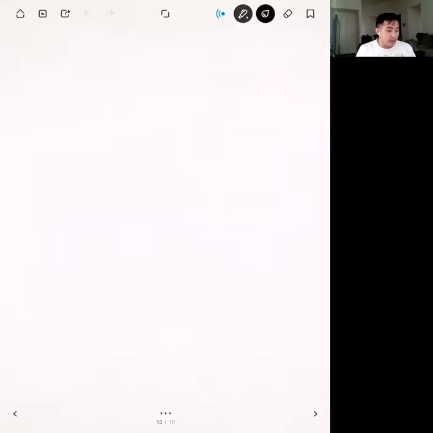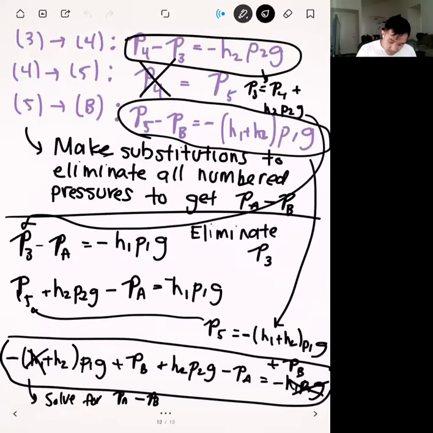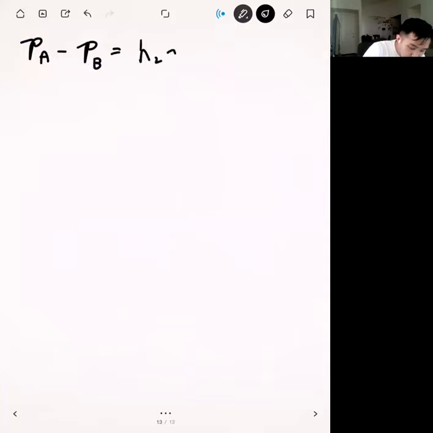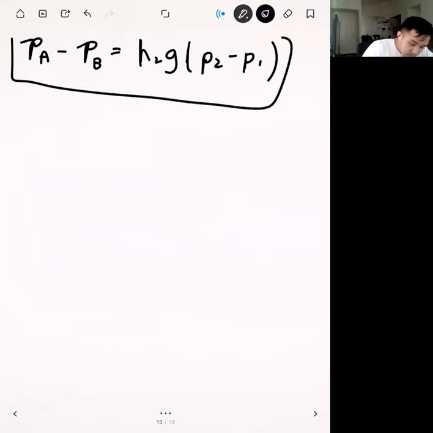What we get is PA minus PB is equal to H2 G (ρ2 minus ρ1). And that's the expression from that.